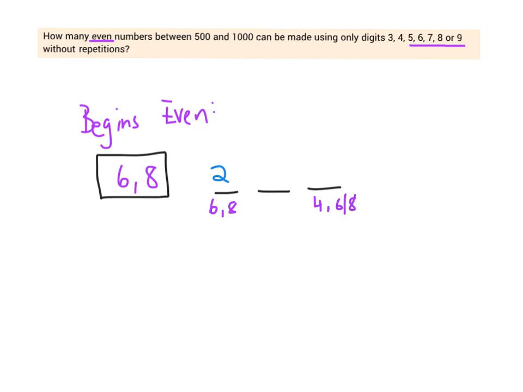So that gives me two choices here again. So I have two spaces used up. I had a total of 1, 2, 3, 4, 5, 6, 7 numbers. 7 minus 2 leaves me with 5. And so I have 5 there for the middle, which gives me 20 different arrangements.